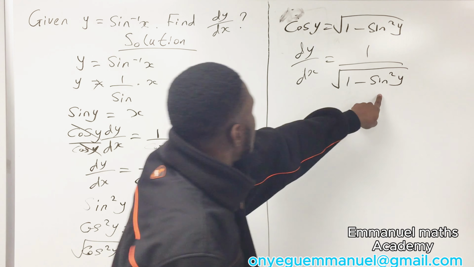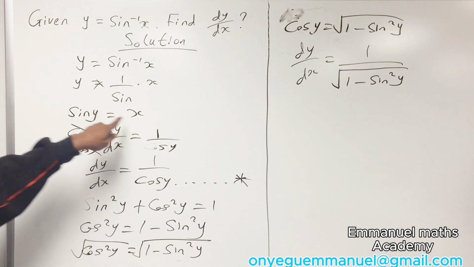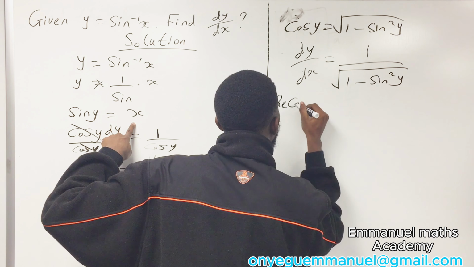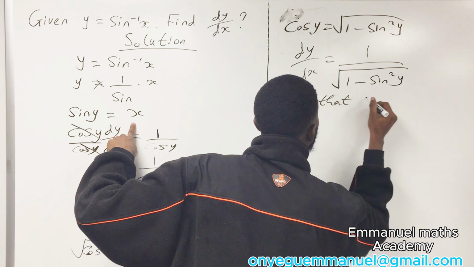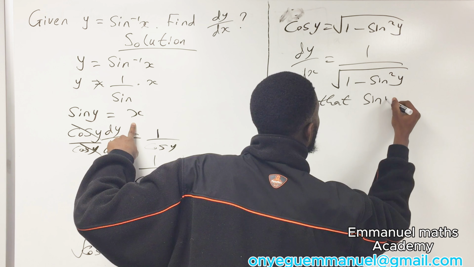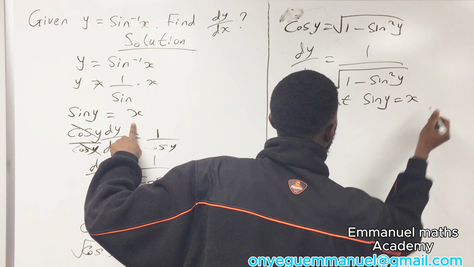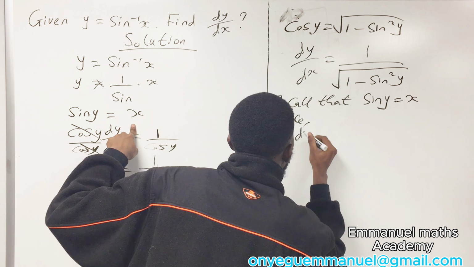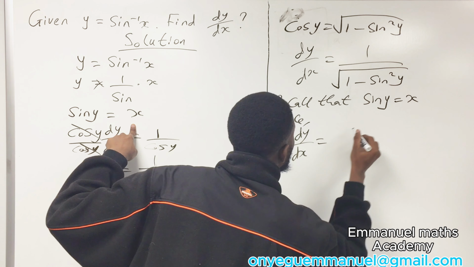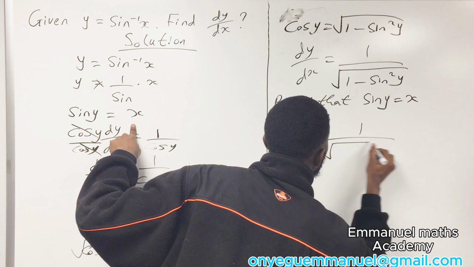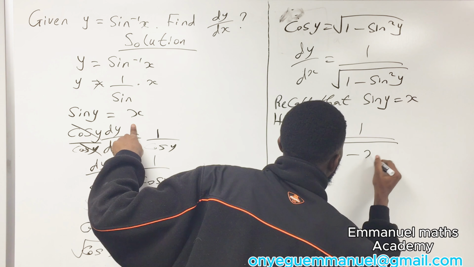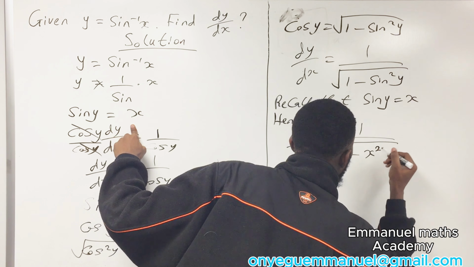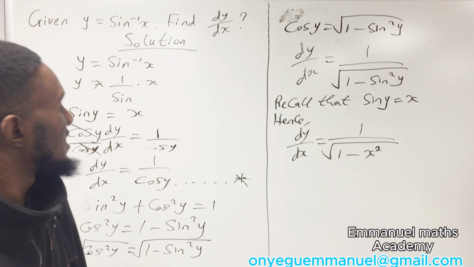Recall that sine y is x. Hence, our dy/dx is equal to 1 over square root of 1 minus x squared. But we have the square here. You now have your square. Now, this is your dy/dx.